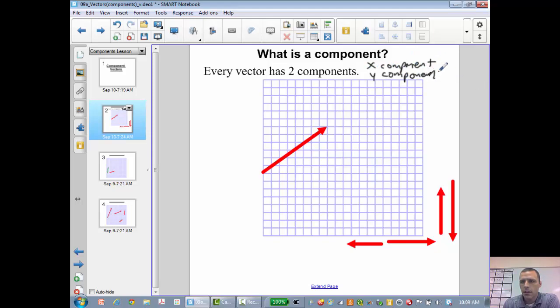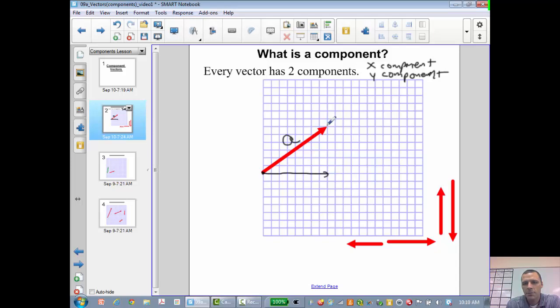So if I look at this vector down here, we'll call it vector A. Vector A goes up and to the right, or northeast. It has an east component and a north component. The way I draw its first component, which is usually the x component, is I start at the tail and extend that x component out all the way.